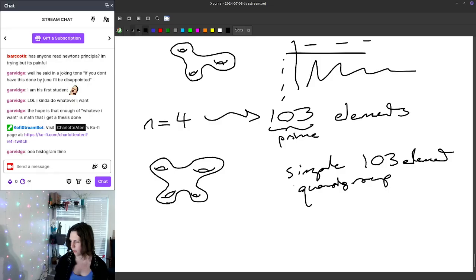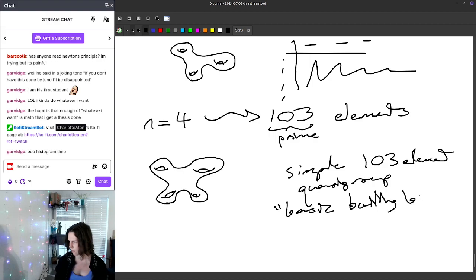That basically means there's no proper non-trivial quotients. This is sort of a basic building block for other quasi-groups, similar to how the prime numbers are basic building blocks for numbers. Quasi-groups don't have to have prime order in order to be simple.